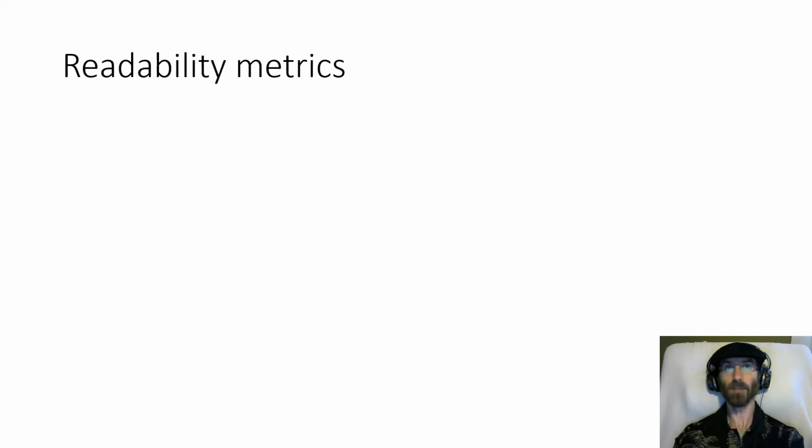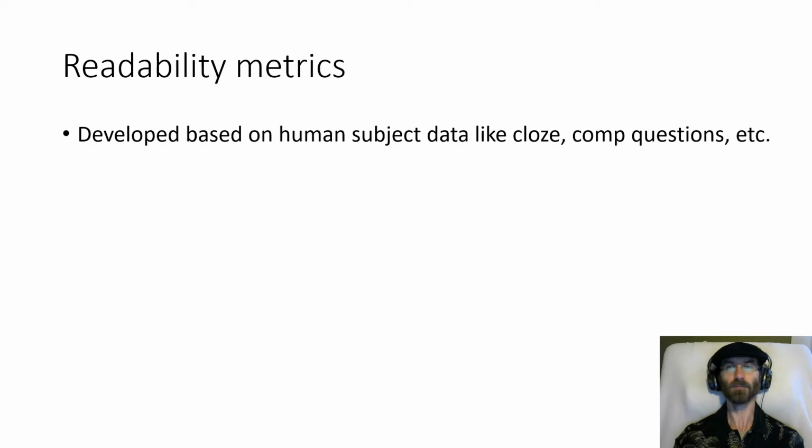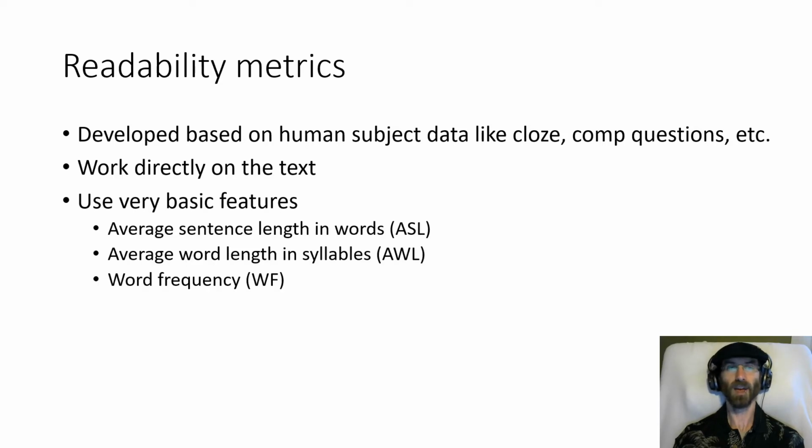So readability metrics were created to get around this issue of needing human data collection. They were developed based on previous human data collection of cloze completion, comprehension questions, etc. They worked directly on the text, and they used historically very basic features.